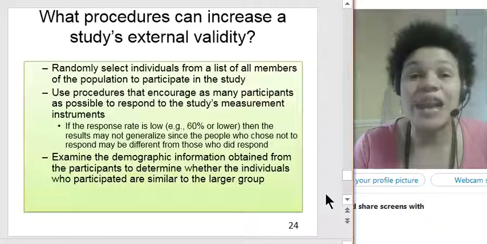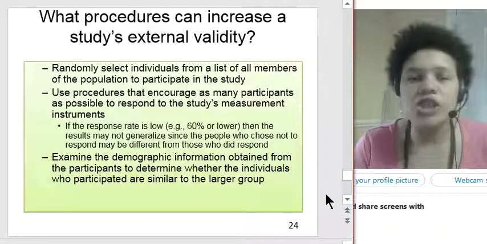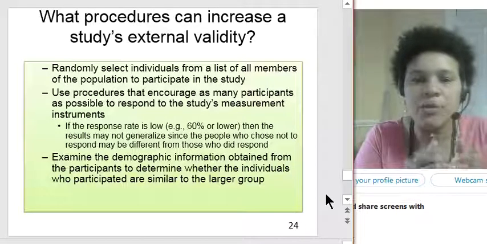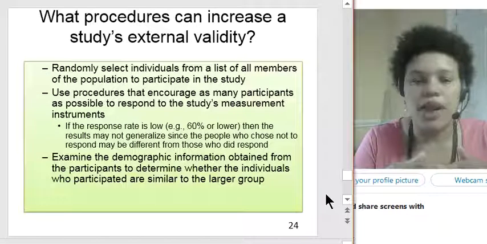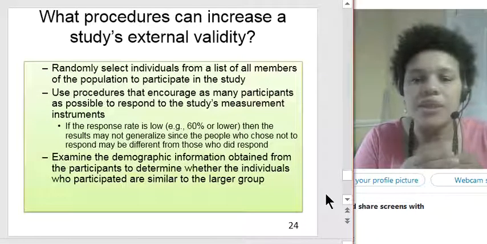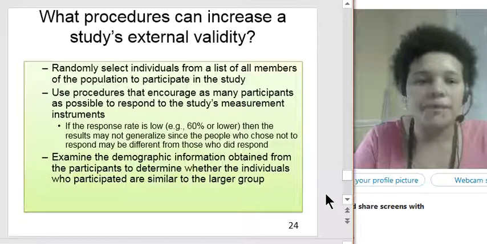External validity is about how well you can generalize, how well the results from you testing a specific group of people can be generalized to other groups of people. Okay? How well your results for your sample relate to other people in other places.